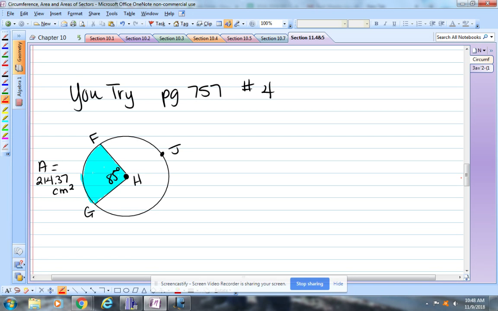The big circle? 360 over 35. But it's talking about centimeters, so it's really not that big.